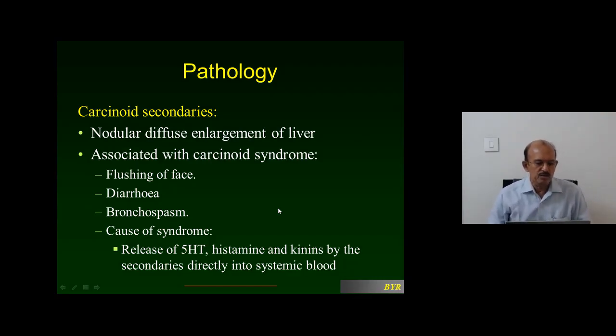Yes, bronchus. Why so? Why does a bronchial carcinoid produce carcinoid syndrome and why can an appendicular carcinoid not produce the syndrome unless it metastasizes to the liver? Is there a reason?